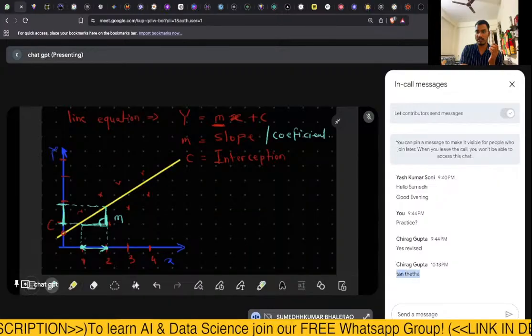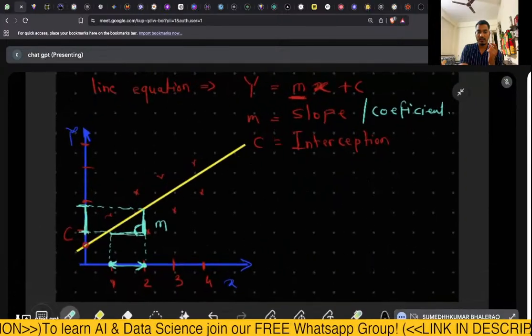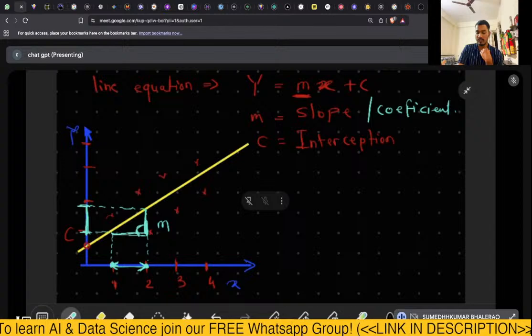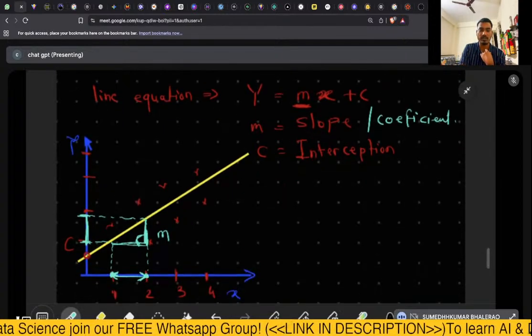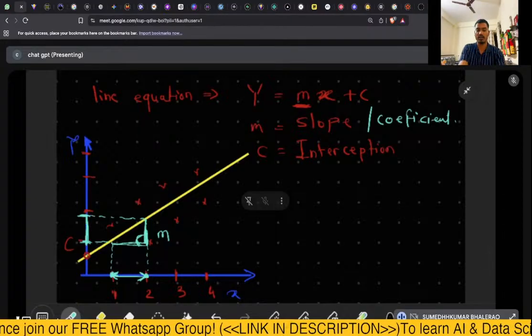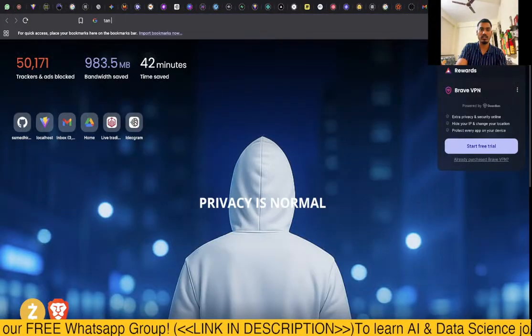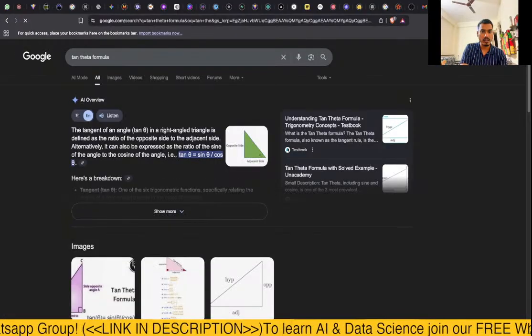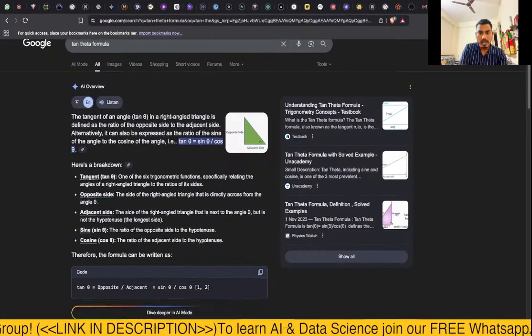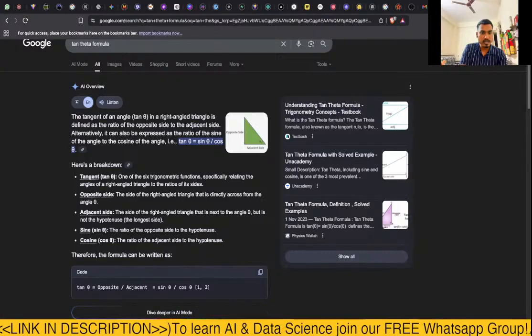Yeah, tan theta maybe. Maybe I am not sure. Let's not go there. We can say tan theta formula: tan theta will be opposite upon adjacent, with adjacent side one.